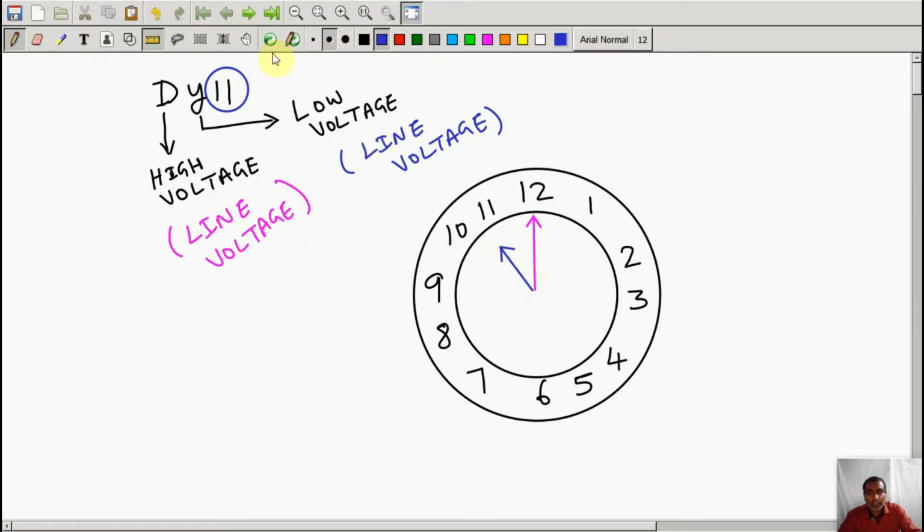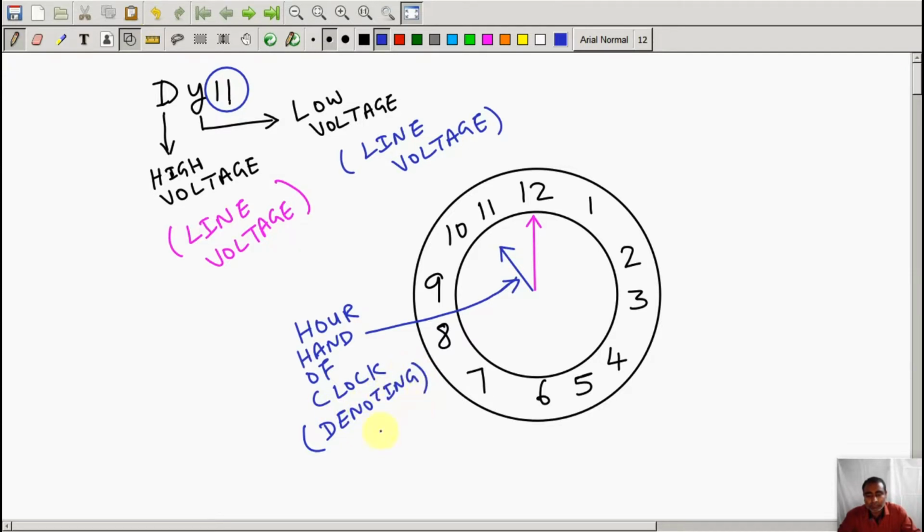So this is my hour hand, the hour hand of the clock, and it is representing the LV side line EMF. You can also say LV side line voltage.